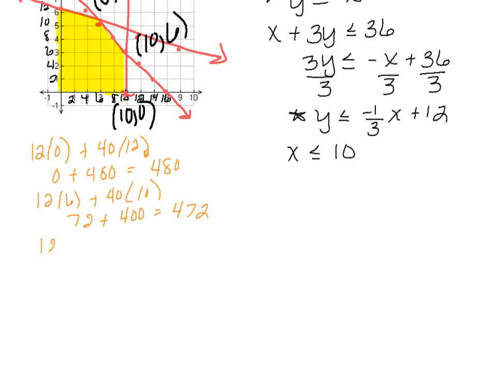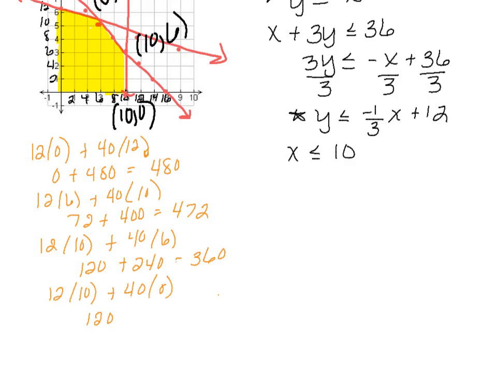So 12 times 10 plus 40 times 6. 120 plus 240 equals 360. So we're losing profit. And then finally, the bottom right-hand corner, 12 times 10 plus 40 times 0 will give us a $120 profit.